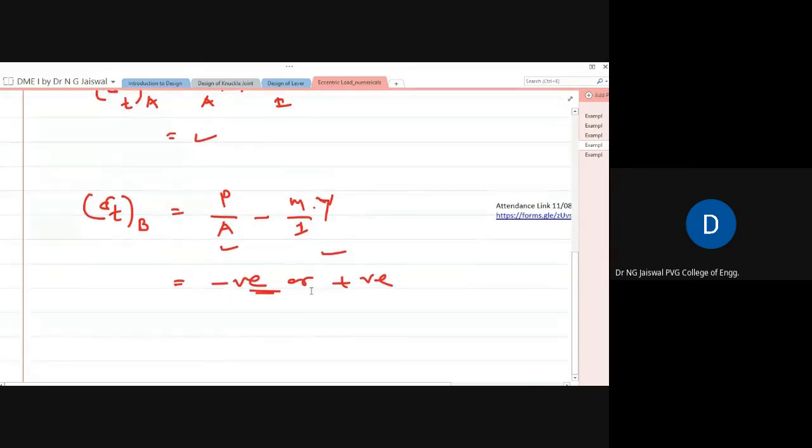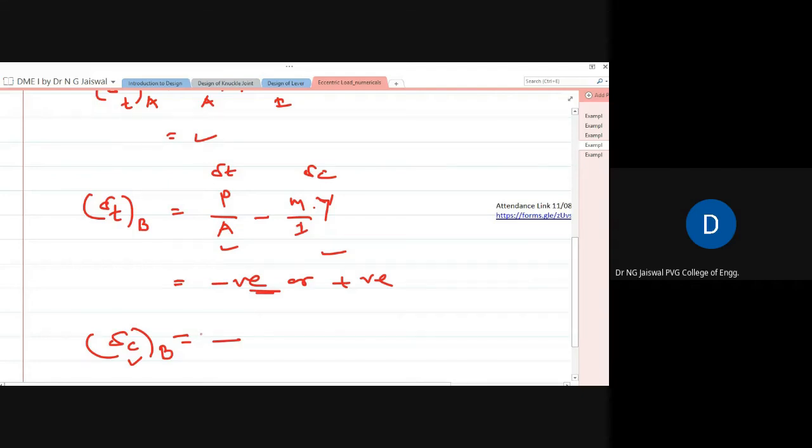If it is negative, it means P by A, which was actually sigma T, is smaller than M upon I by y, which was sigma C. That's why you do the subtraction. So sigma T is smaller than sigma C, and that is why fiber B is actually subjected to compressive stress. When you write the answer, you will not write any sign here.